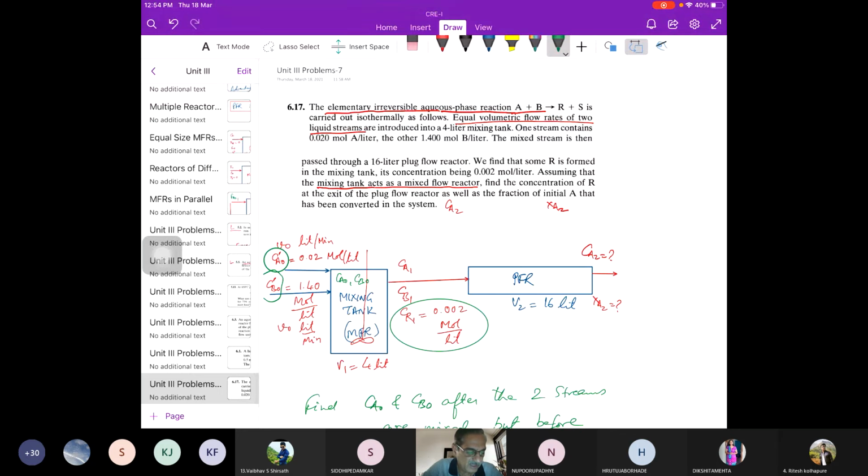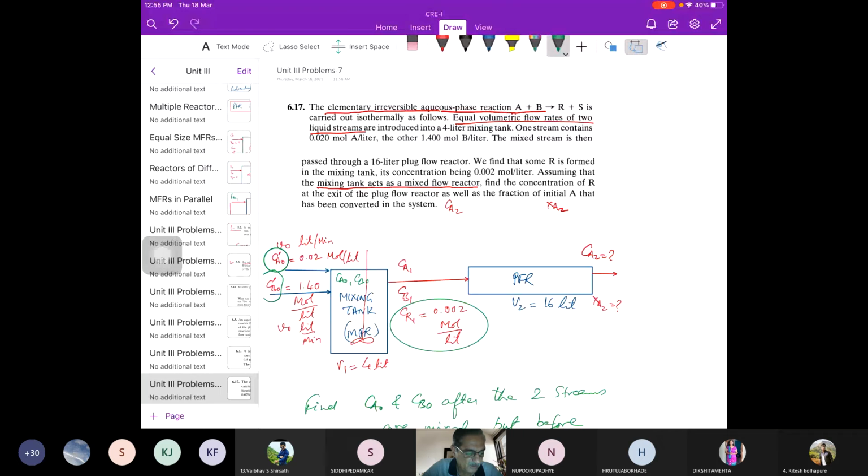So if you know how much R is formed, we can find out how much A has reacted. बराबर है? Is that clear? Never forget. Equivalent statement will say 1 mole of A reacts with 1 mole of B to give 1 mole of R plus 1 mole of S.